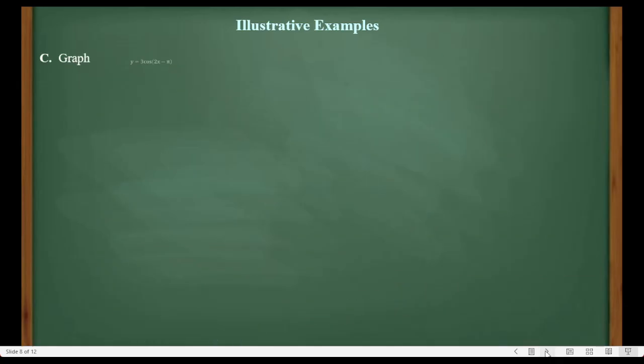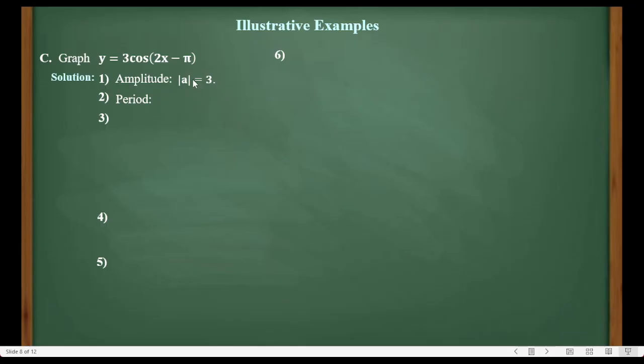Let us see about the graph of 3 cosine of the quantity 2x minus pi. So, just like the previous examples, let us try to graph this given function in letter C. So again, we need the first 3, the amplitude, the period, and the division of the period, which is to be obtained from number 2.